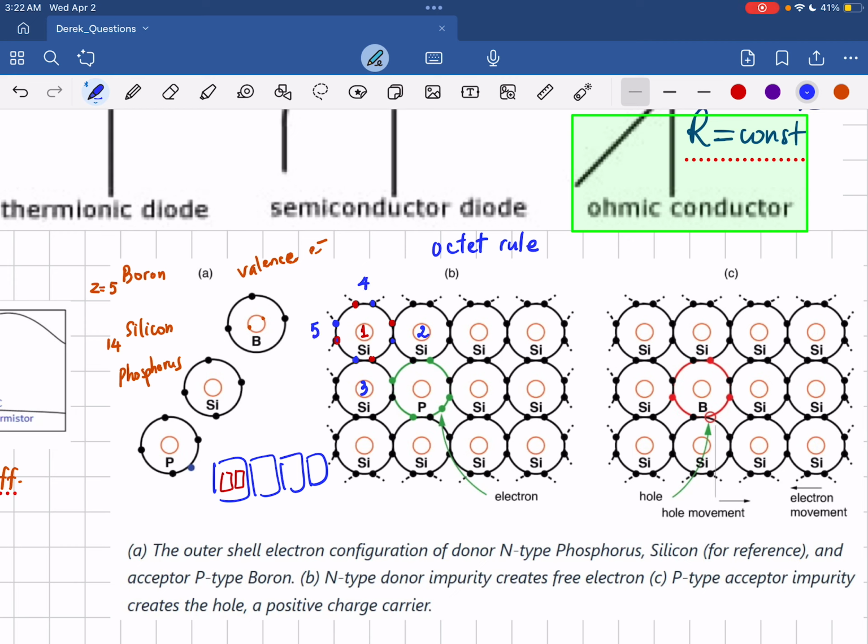And it can also share this electron with this silicon atom number 5 there. Does it make sense? Make sense, right? So this atom will share one electron with each of the 4 other silicon atoms around it in order to get a stable configuration. Okay, so it just means that these electrons can have 2 rooms to stay in.